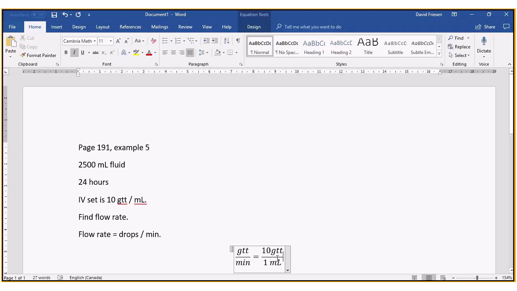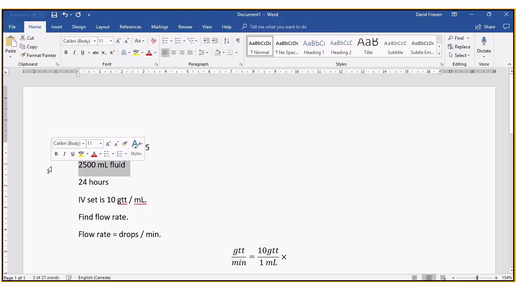Now I need to multiply by something to get rid of the ml on the bottom. What can I multiply that has ml on top? How about this? 2,500 milliliters of fluid. This would be my volume.